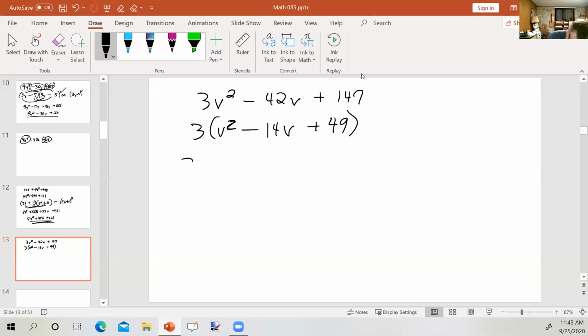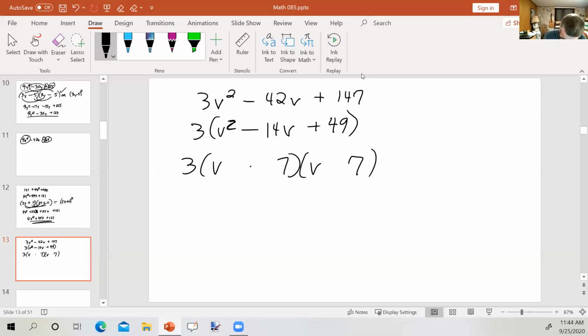All right. So is what's left inside, does it look like it might be a perfect square? Yes. So we'd have a v and a v and a 7 and a 7. Since it's a negative, would it be 1 positive, 1 negative, or would they both be negative? If it's a perfect square, they have to be identical.